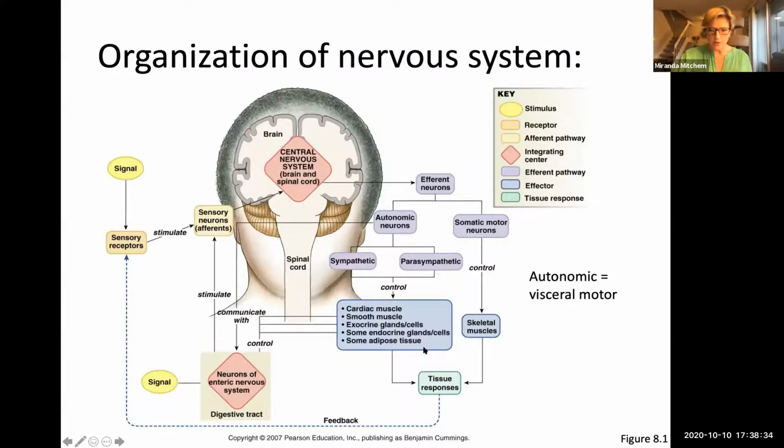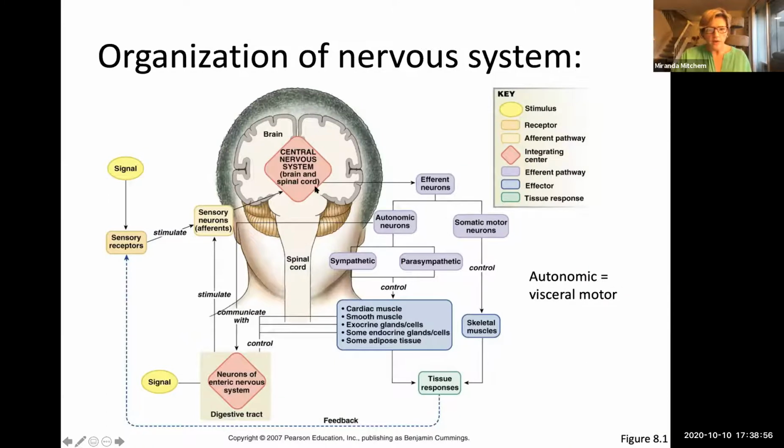All right, so this is a rather complicated figure because it summarizes all of the aspects of the nervous system. So seated within the brain here and the spinal cord is the central nervous system. It is composed of just those two organs, the brain and the spinal cord.